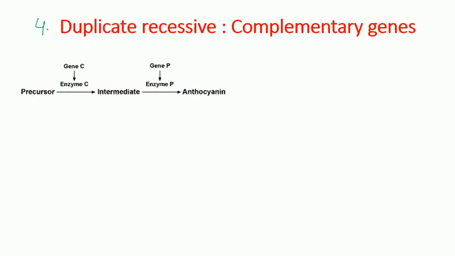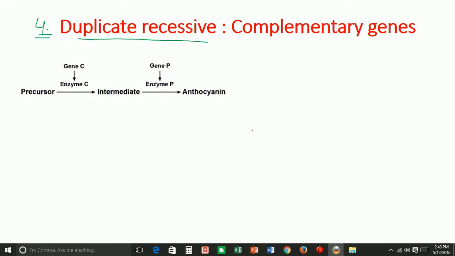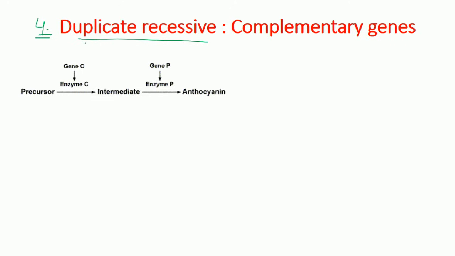The fourth type of epistatic event that we want to talk about is duplicate recessive epistasis. We saw duplicate dominant epistasis. Now we will see duplicate recessive epistasis.